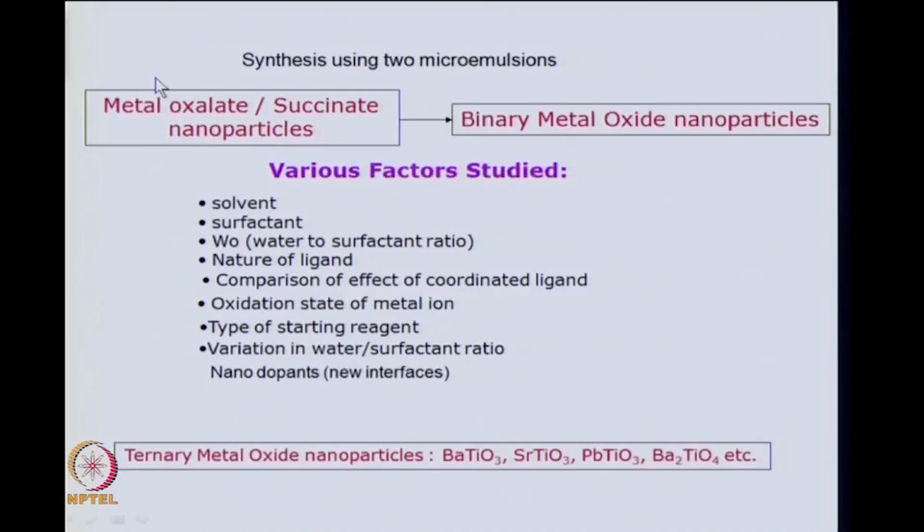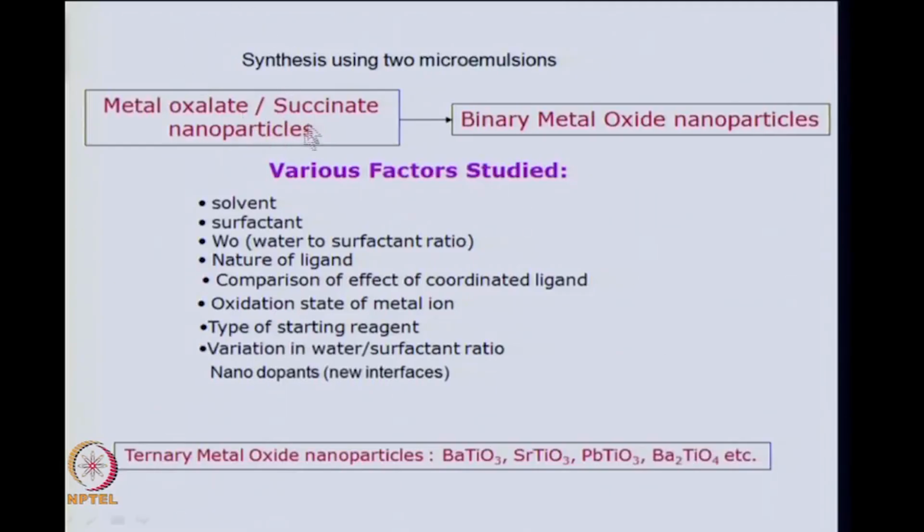In this case, we want to synthesize binary metal oxides, that means one metal and one oxide oxygen species. So, you need 2 microemulsions to start with. In one microemulsion, you will have your metal ion, say cobalt or nickel or iron, and in the other microemulsion you will have the oxalate or succinate or any carboxylate by which you will precipitate the metal carboxylate.